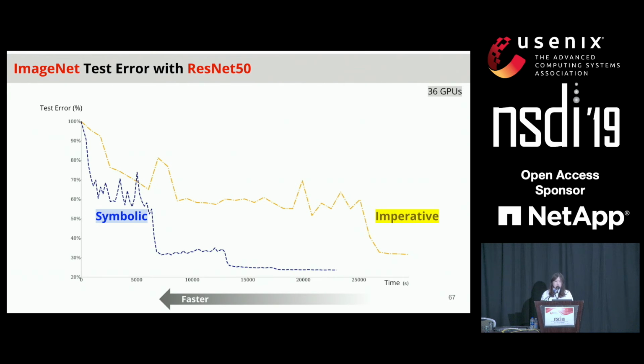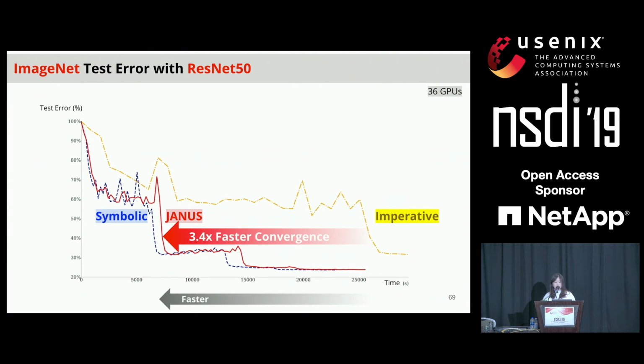As you can see, the symbolic graph execution can make the model converge faster than the imperative execution. Now, the red line is for JANUS. As you can see, JANUS can make the model converge correctly, yet much faster than the imperative execution, without modifying the original imperative program. The performance was similar to the symbolic graph framework.